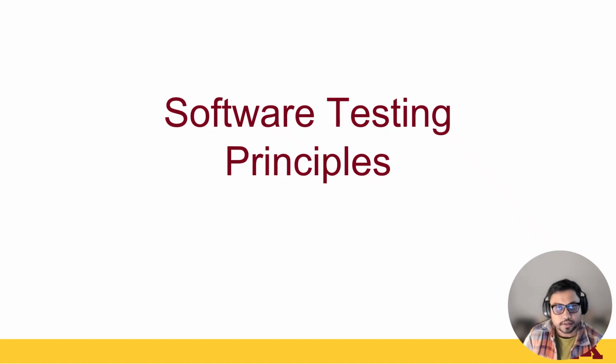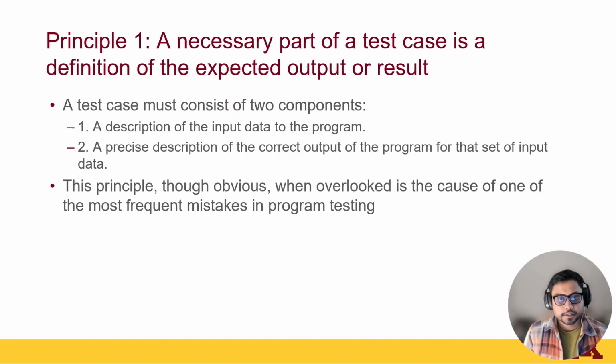The first principle of software testing states that a test case must include a precise definition of the expected output or result. A test case is not complete if it only specifies the input data without a clear expectation of what the correct output should be.